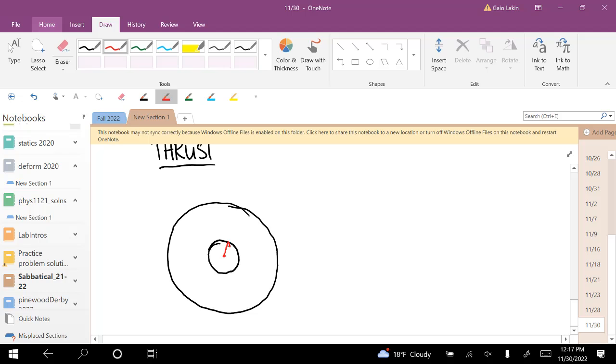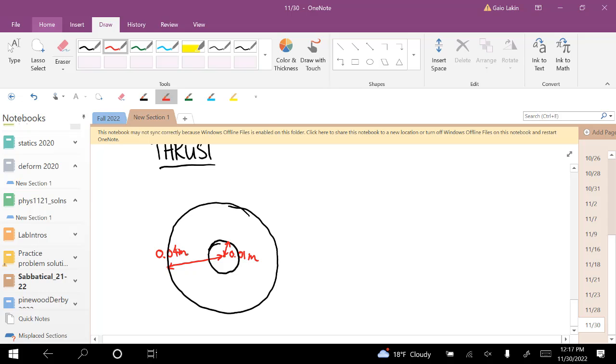This distance is 0.01. This distance is 0.04 meters.